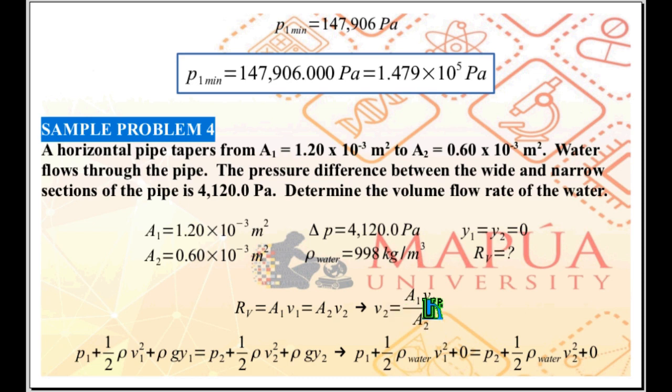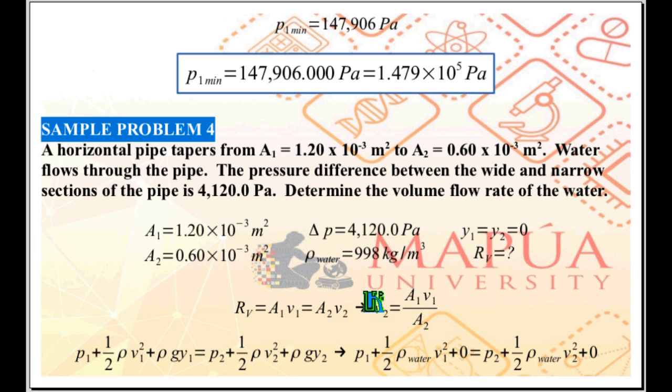We don't know V1, so we can't calculate V2. We need V2 or V1 to be able to determine the volume flow rate.